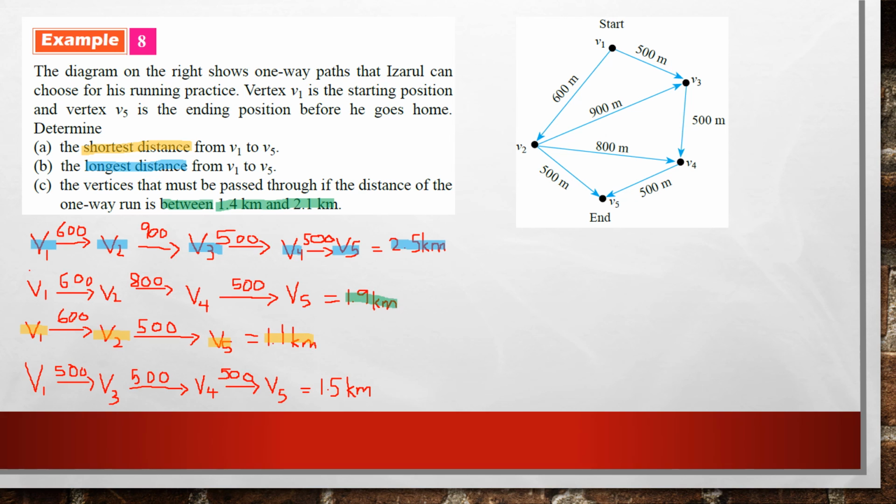That is 1.9 kilometer and 1.5. That is V1, V2, V4, V5 is 1.9, and V1, V3, V4 and V5 is 1.5. So we can check the answer.